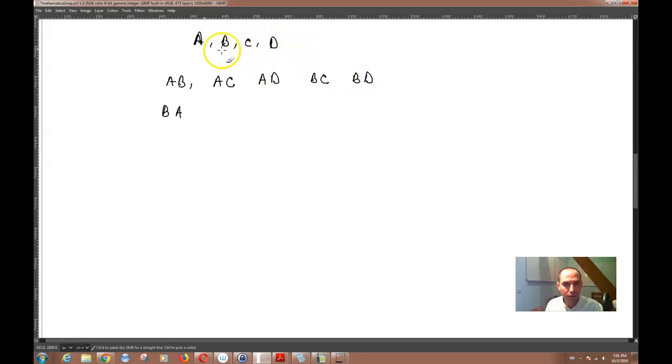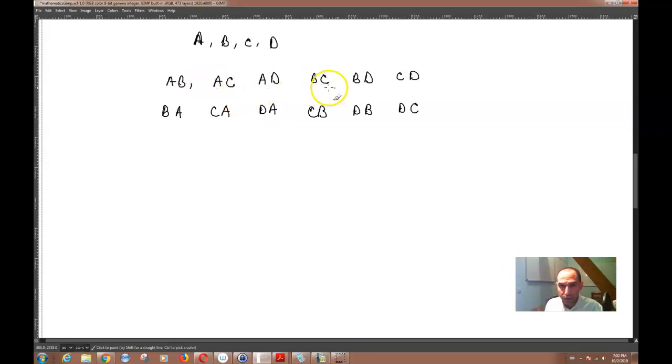Then I'm going to take C with A, C with B, and C with D. Then I can start with D, and then I have D with A, which is DA, D with B, which is DB, and D with C, which is DC.